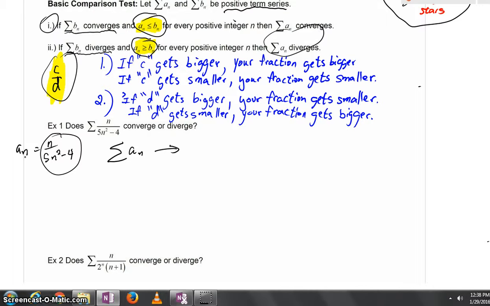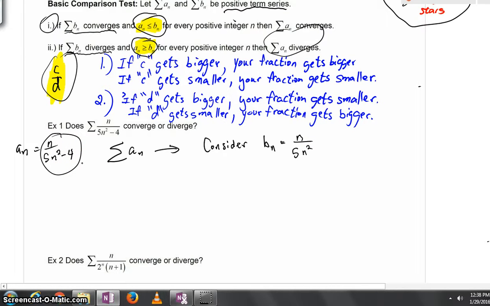So when I'm looking at this n all over 5n squared minus 4, we're going to consider b sub n to be, how about we just lose the minus 4? Truncate that minus 4. And why?